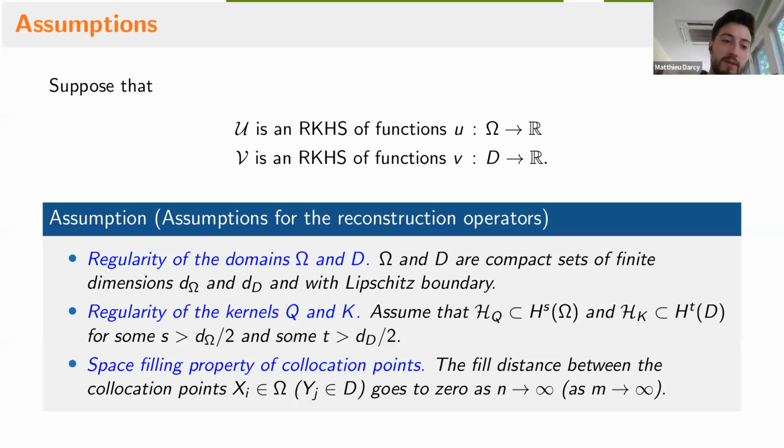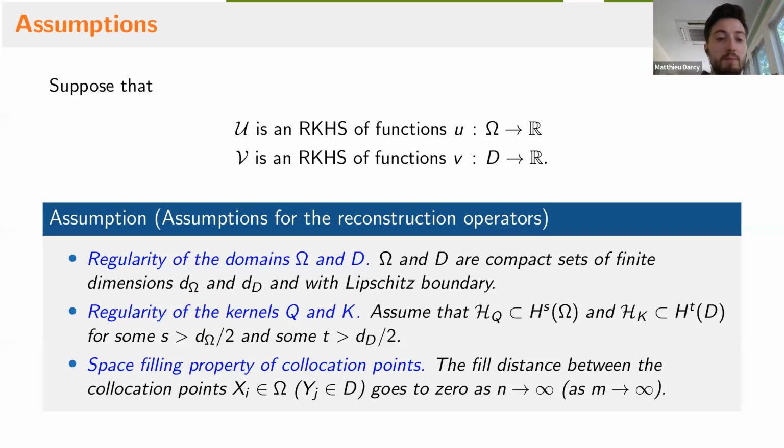The first are the assumptions that you need for the reconstruction operators. If you remember my diagram, there's this going up and down part, and then there's this going left and right part. So the first set of assumptions are for the recovery maps, the reconstruction operators. These assumptions are very standard in the kernel literature.